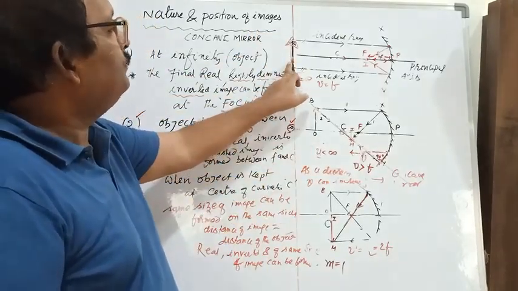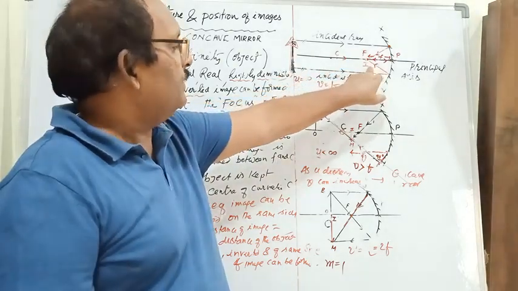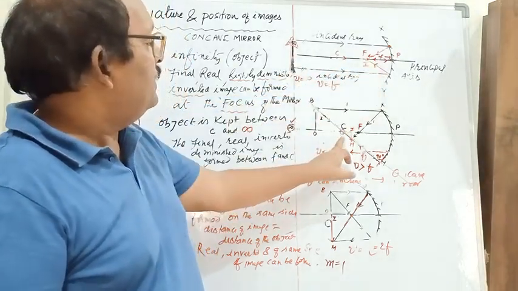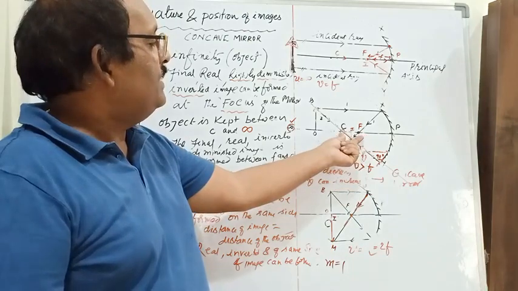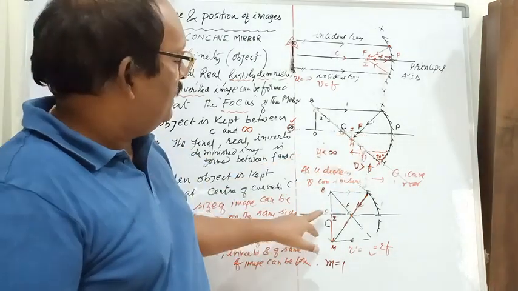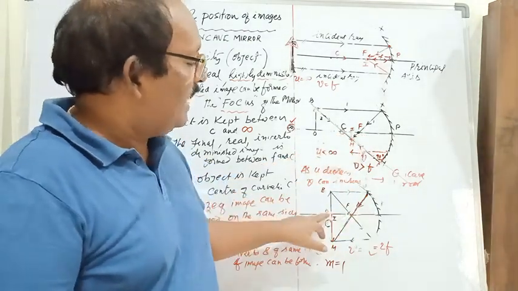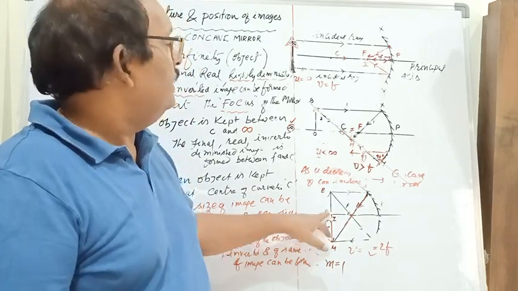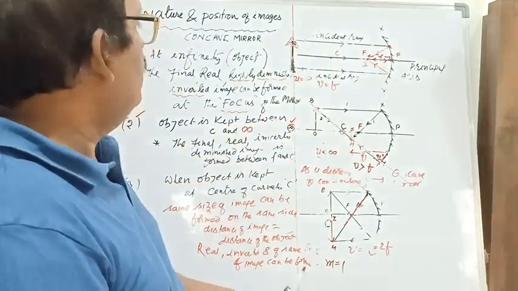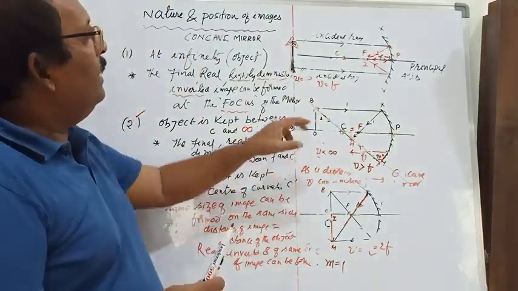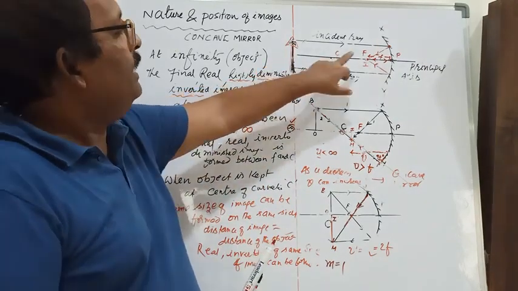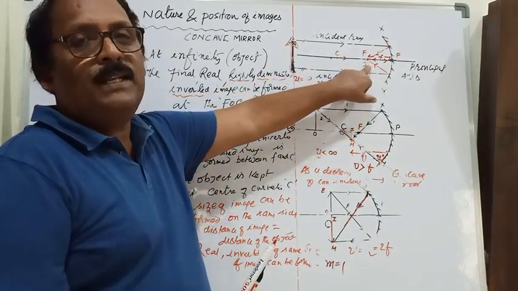Object is at infinity, image is at focus. Object is between infinity and center of curvature, image will be between center of curvature and focus. Object is at center of curvature, image is again formed at the center of curvature. These three cases everyone has to understand. See, I am repeating again. Object is at infinity, image will be formed at principal focus.